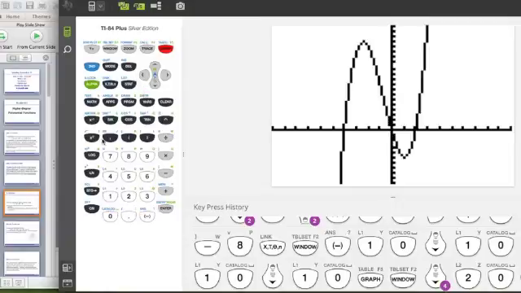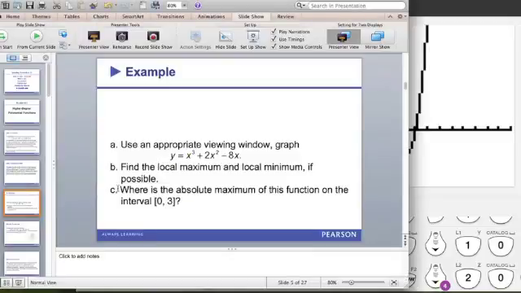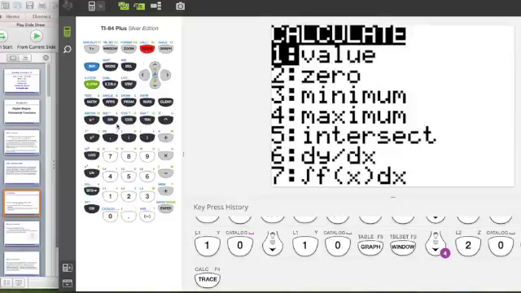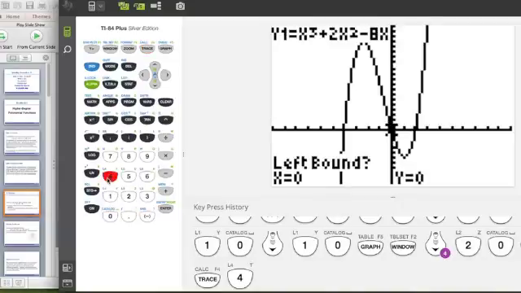Now, they ask us to find the local maximum and local minimum points if possible. Going to find those through second CALC, and first we'll go for the maximum, and we can see the local maximum is here.